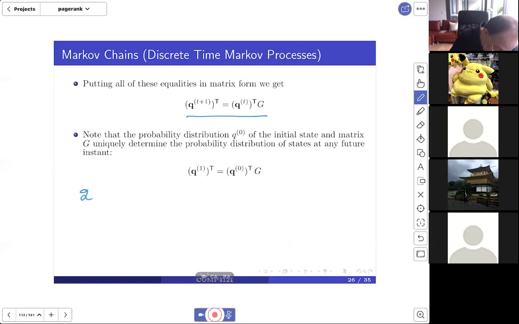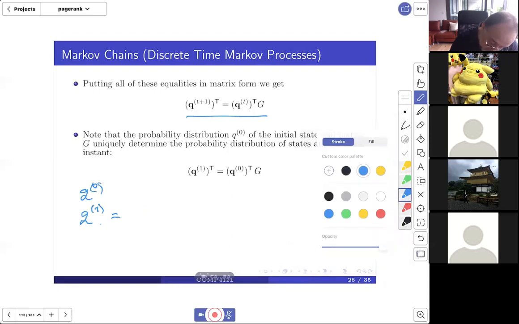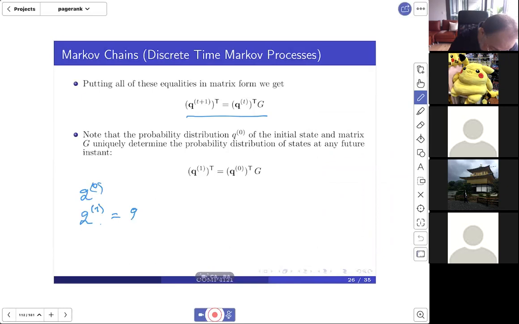You have Q0, then you have Q1, which is equal to the distribution Q0 times G, and then Q2 is equal to Q1 times G, and then Q3 is equal to Q2 times G, and so forth.